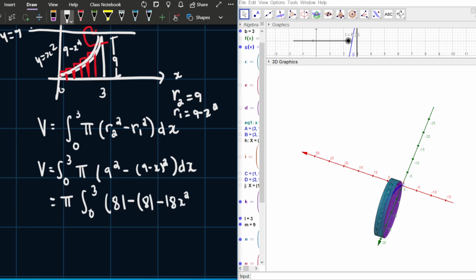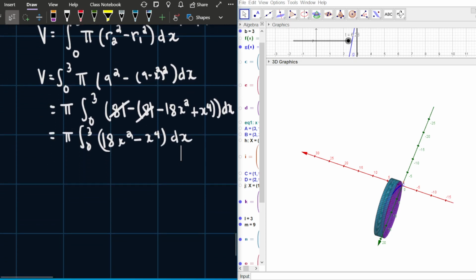Oops, sorry, this should be 9 minus x squared, squared, so 81 minus 18x squared plus x to the 4th dx. Okay, pi, simplify 0 to 3. Magka-cancel yung 81. And then minus minus, so 18x squared minus x to the 4th dx.